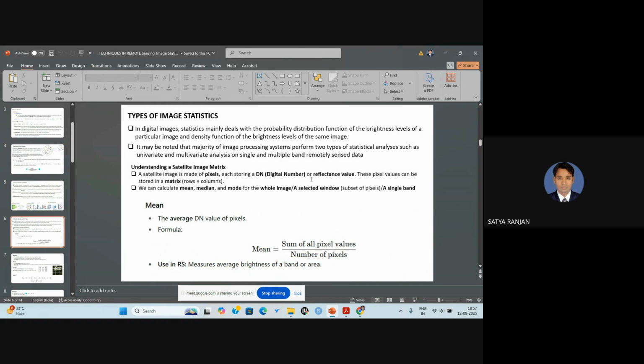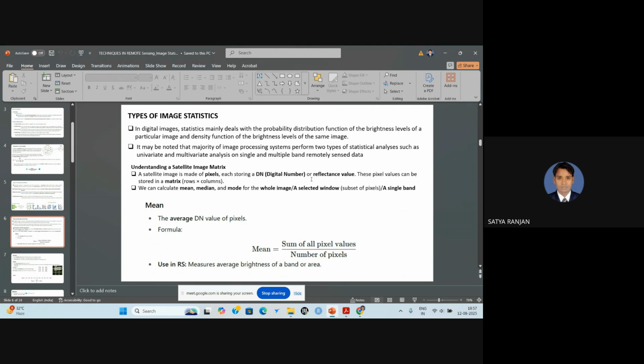Some of this in the digital image mainly deals with the probability distribution and the brightness level. Generally the DN values of the satellite image pixels are reflectance values.